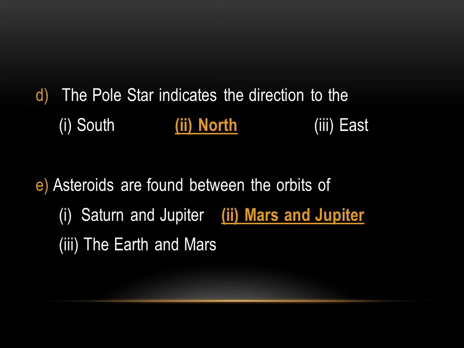The pole star, also known as the North Star, indicates the direction to the north. Last one. Asteroids are found between the orbits of: Saturn and Jupiter, Mars and Jupiter, Earth and Mars. You'll have to remember that the asteroid belt is found between Mars and Jupiter.